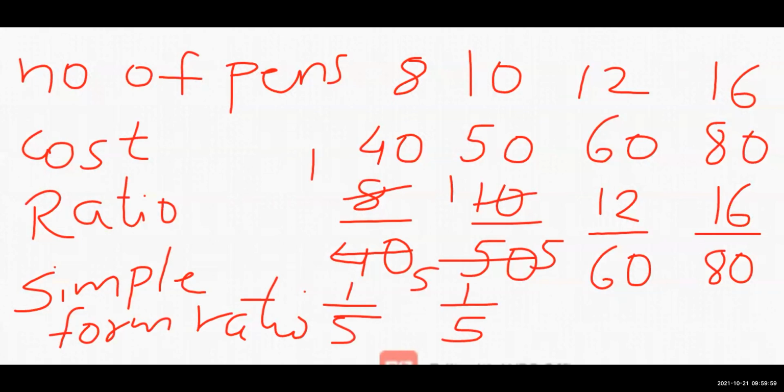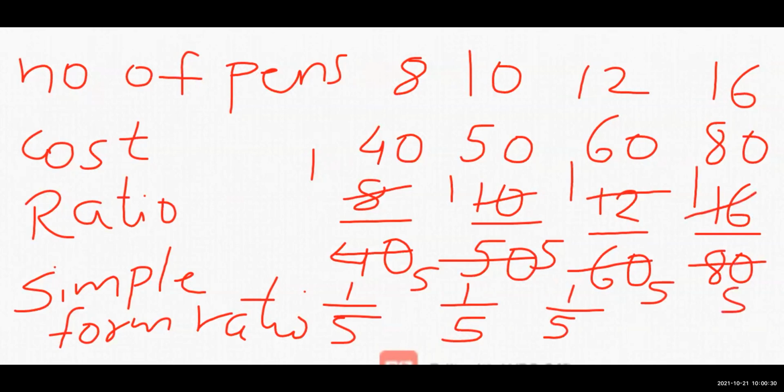Now 12 and 60 also go by the table of 12 only. 12 ones are 12 and 12 fives are 60. So here also the ratio is 1/5. See, in the first it is 1/5, in the second the same 1/5, in the third also 1/5. Now next is 16 and 80. 16 ones are 16 and 16 fives are 80.